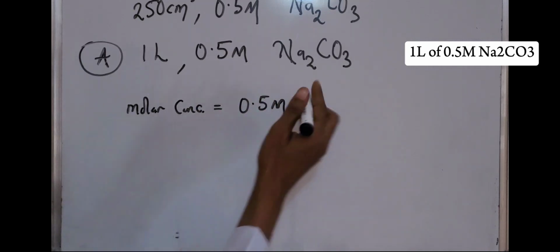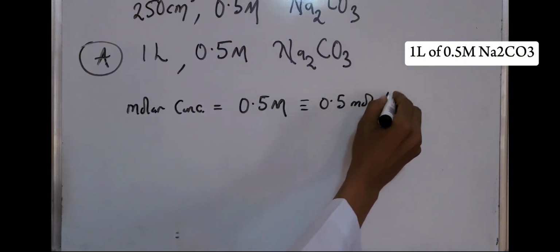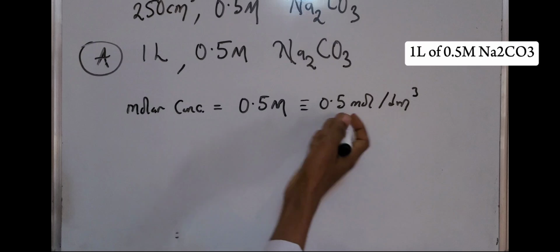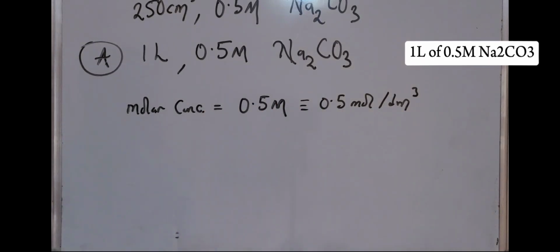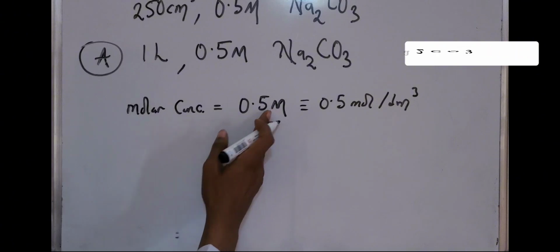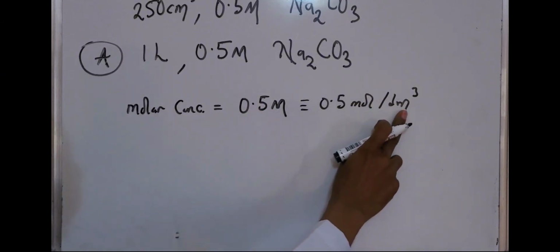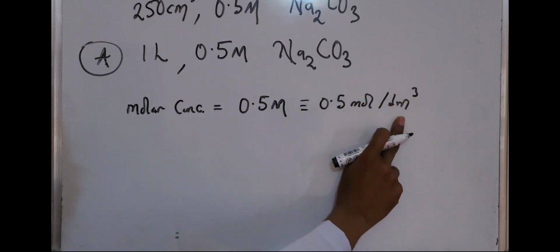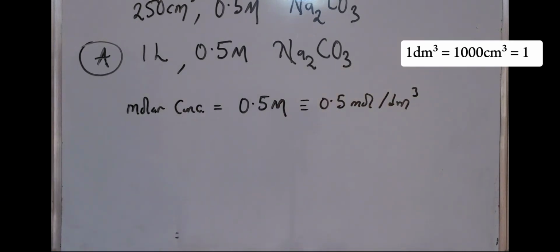And I told you this is the same thing as 0.5 mole per dm cube. You must not show this, but I'm telling you that this and this are the same. This is telling you that there is 0.5 mole of that substance in 1 dm cube. And 1 dm cube is 1000 cm cube.